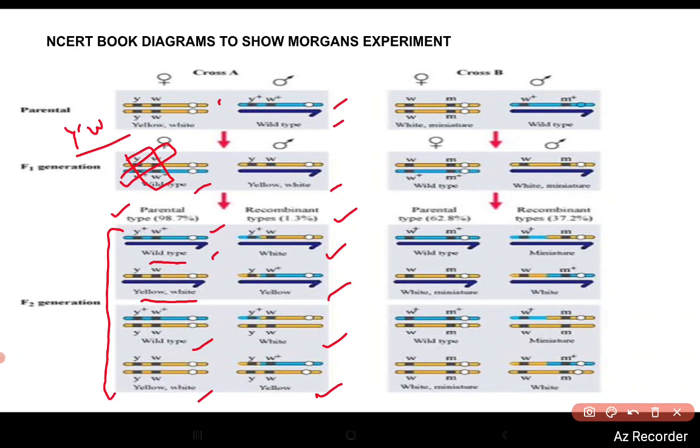In the case of cross B, here this is the female with the recessive characters, this is the male with the dominant characters, and the gametes of these fuse with each other, then the female becomes wild type and the male becomes the one with the recessive characters. On selfing these, in the F2 generation what we obtain is 4 parental combinations.